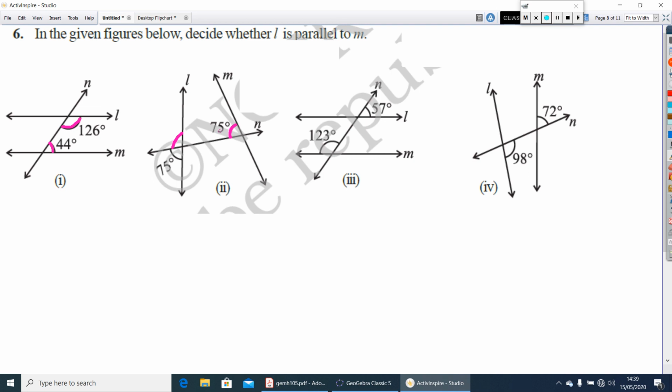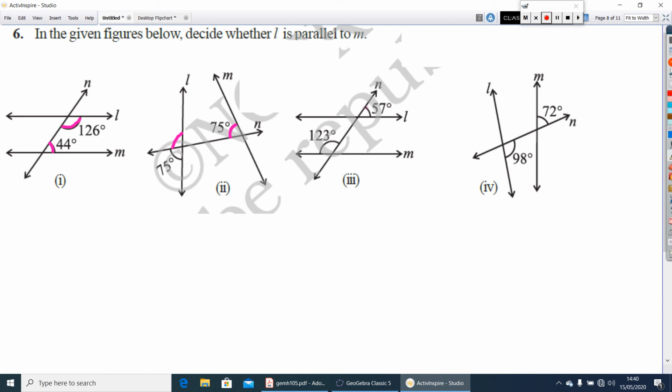So first find out this angle. Now this is 75, the linear pair of angles, so they are supplementary. Then 75 plus this angle should be 180 degree. Find out that angle and check whether they are equal or not. Here also the same.